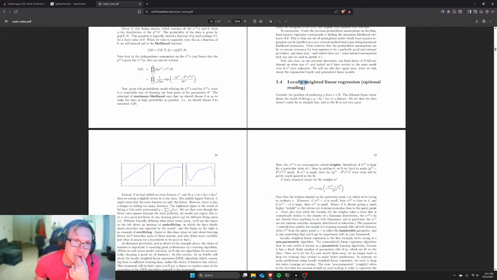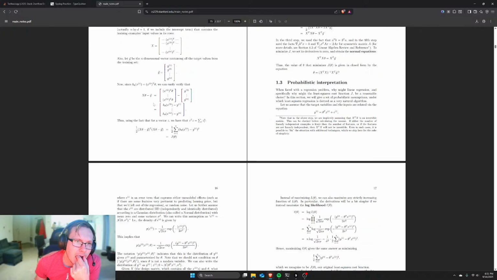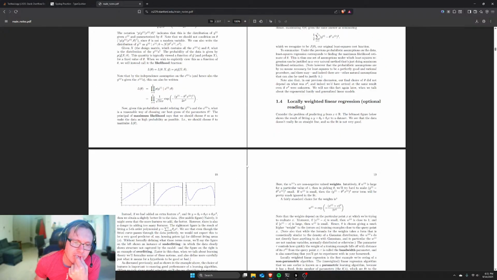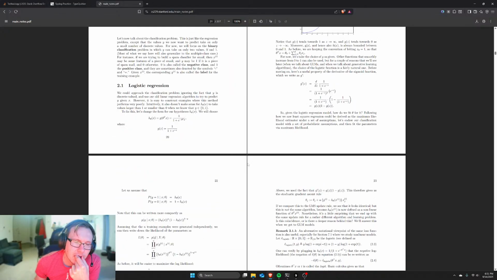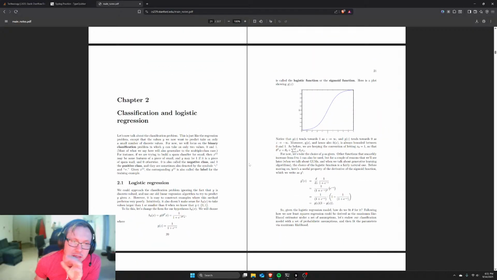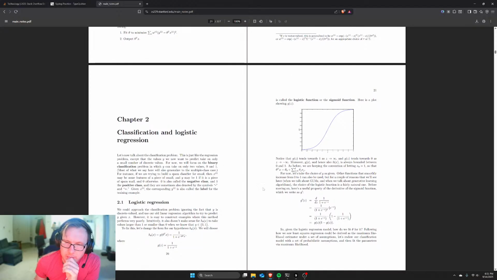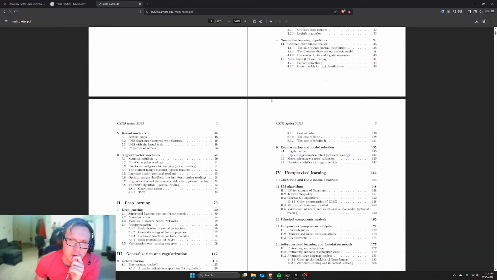Then here, yeah, so we got the locally weighted stuff here. Yeah, there's some probability stuff which does matter. So then we get the logistic regression. This is really important, I think, if I'm recalling this correctly. So I'm gonna spend a lot of time just thinking about this, making sure I fully understand it.